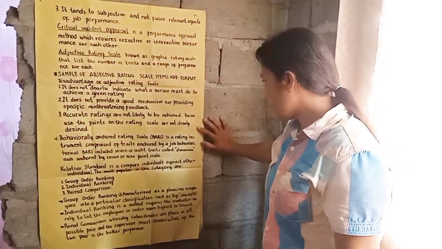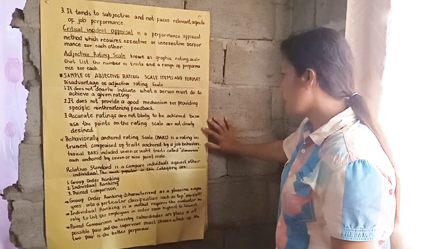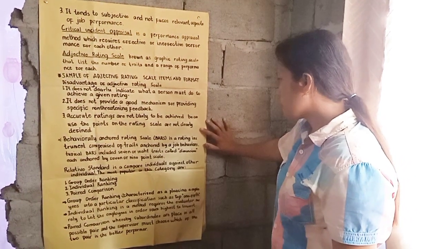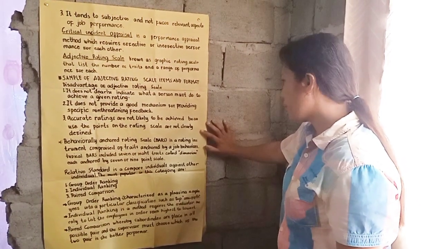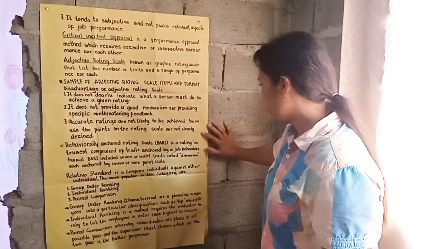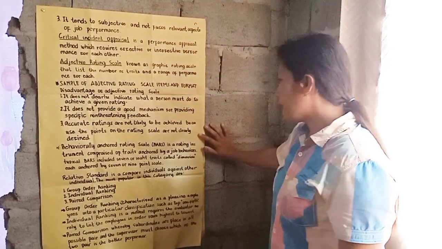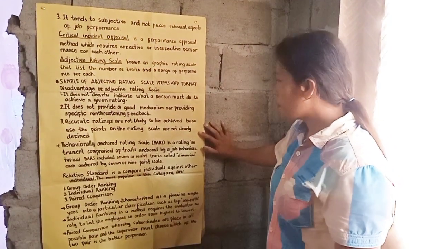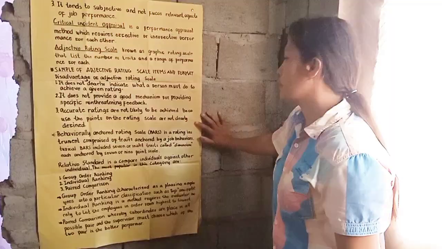Behaviorally anchored rating scale, or BARS, is a rating instrument comprised of traits anchored by job behaviors. Typical BARS include 7 or 8 traits called dimensions, each anchored by a 7 or 9 point scale.